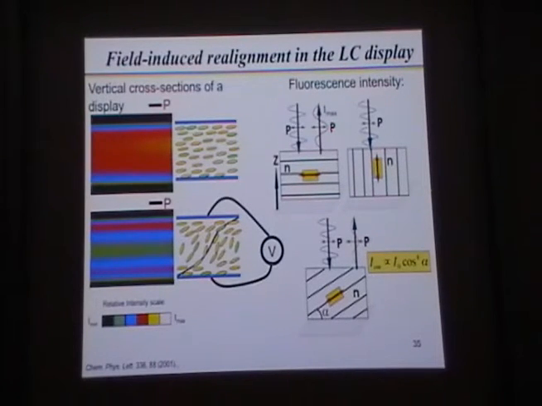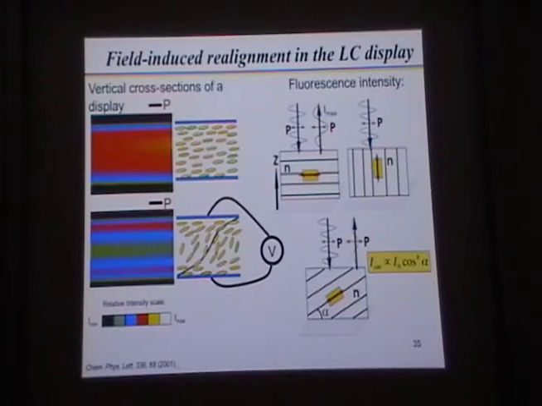So here is an example showing how this type of imaging can be done for a liquid crystal cell, similar to what we use in displays, right? In displays, we apply an electric field to a liquid crystal cell like this and realign the liquid crystal molecules.